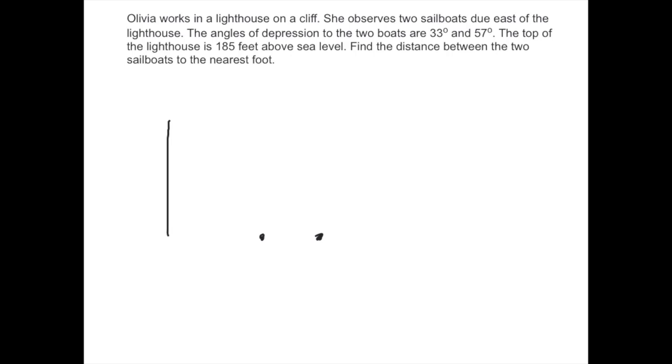The angles of depression. Now, angle of elevation was looking up, angle of depression is looking down. So if she's looking right here at the top here, she will be looking down. Now, the angle of depression is how many degrees down it is.